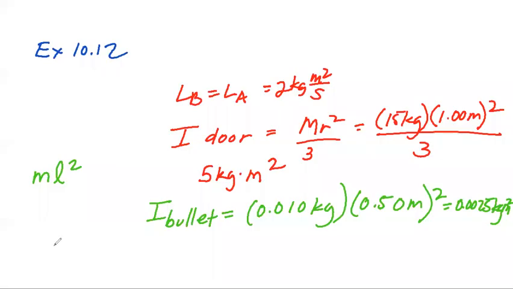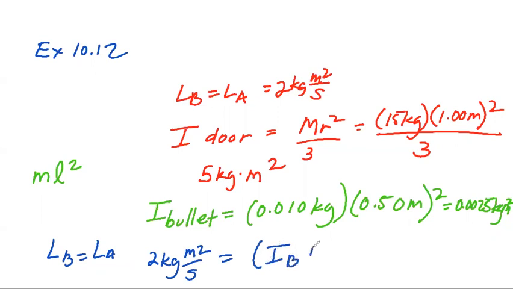Now we know from conservation of angular momentum, L before equals L after. So 2 kg meters squared per second equals I of the bullet plus I of the door, remember they're hooked together, times omega of the system.